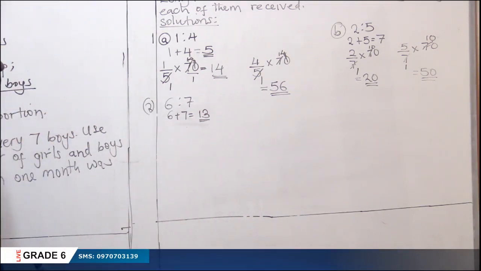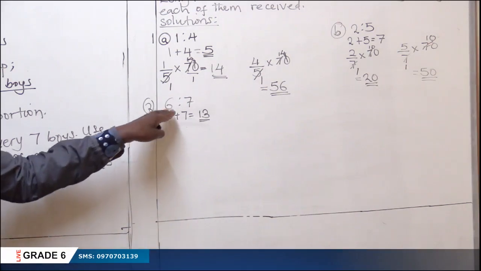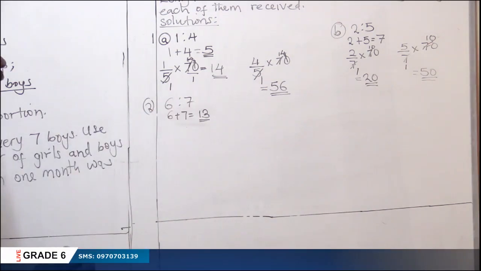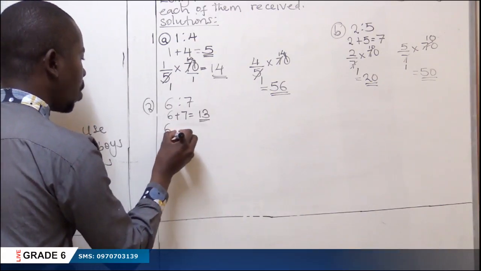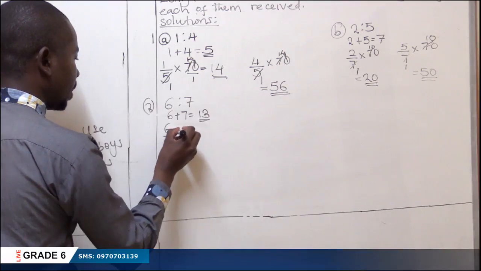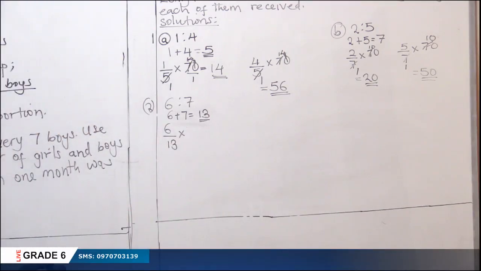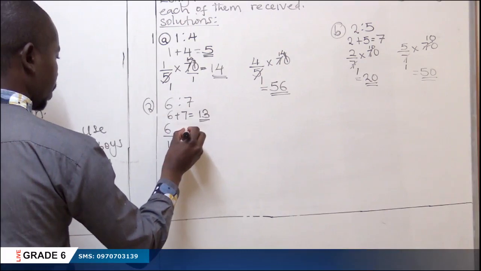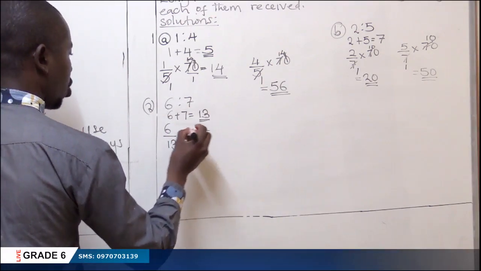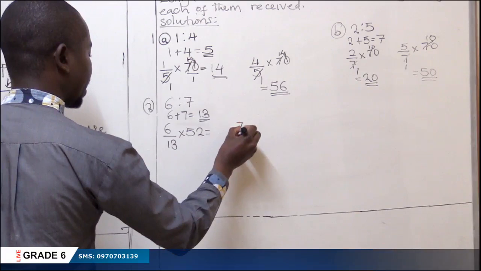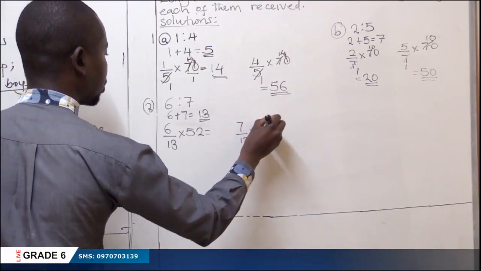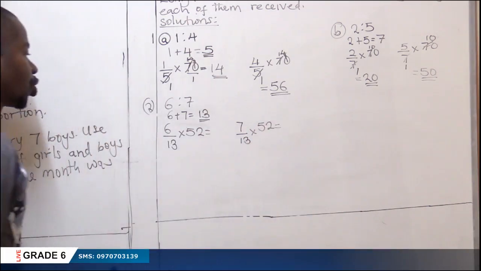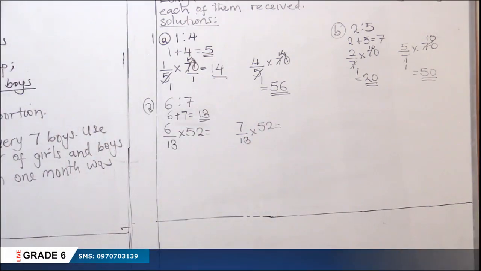Now we know that 6 to 7 is our ratio. So we are going to write 6 over 13 times 52, and then 7 over 13 times 52. We are going to find answers for those 2 questions.